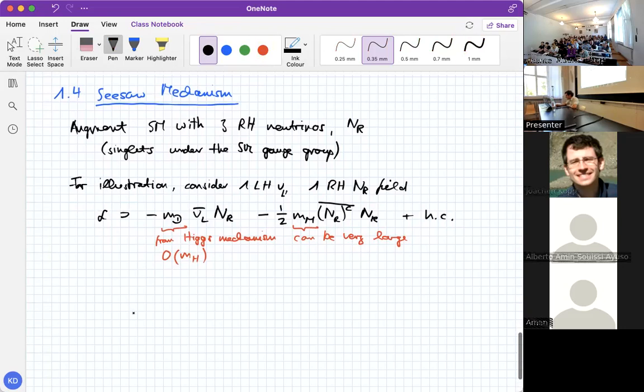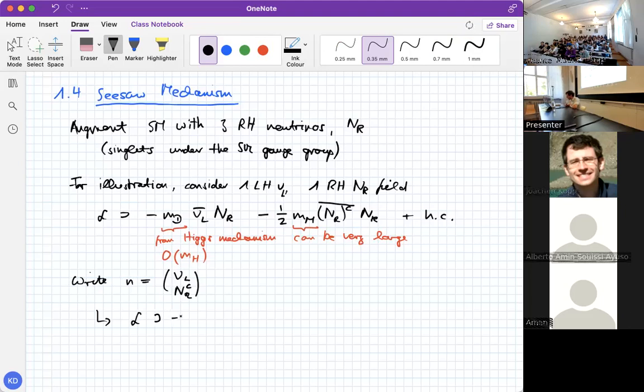Now we still don't know what the physical neutrino masses here are. So in order to make progress here, let's write this in a slightly different way. Let's introduce a 4-component object defined as nu_L in the upper 2 components and N_R charge conjugate in the lower 2 components. It's just some notation I'm introducing here. There's no deep physics happening here. It's just because I want to write the above Lagrangian in matrix form.